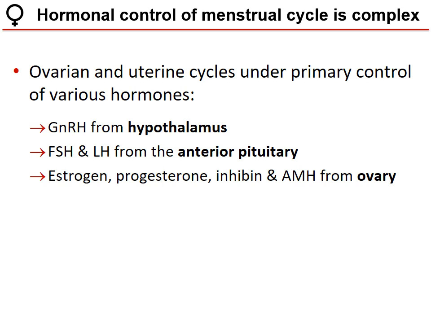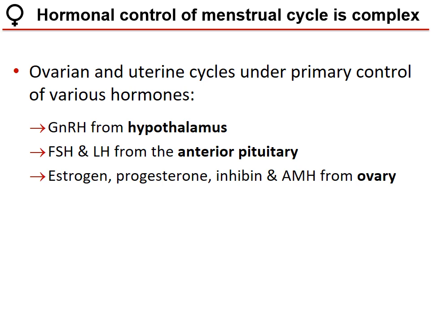So the hormonal control of the menstrual cycle follows the basic pattern of the hypothalamic pituitary gonadal axis, or the HPG axis, just as with the hormonal control of spermatogenesis. But it's important to realize that although it follows the same basic pattern, it is a little bit more complex.